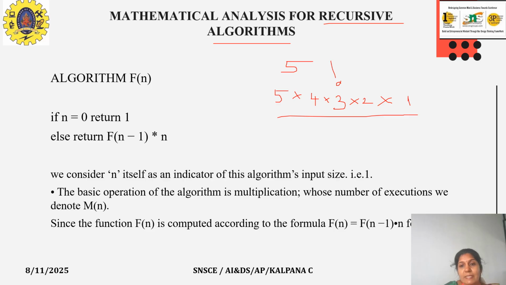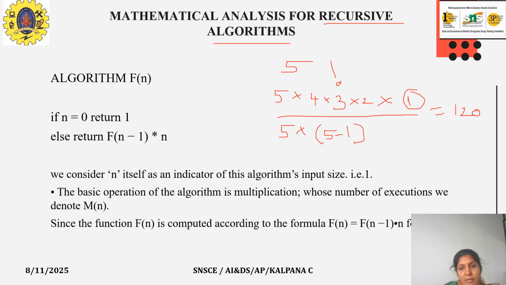correct? So like this I have to multiply the numbers till I get 1. From 5 to 1 I have to multiply all the numbers, then only I will get 5 factorial as 120. So this can be written as 5 into 5 minus 1 factorial. Am I right?